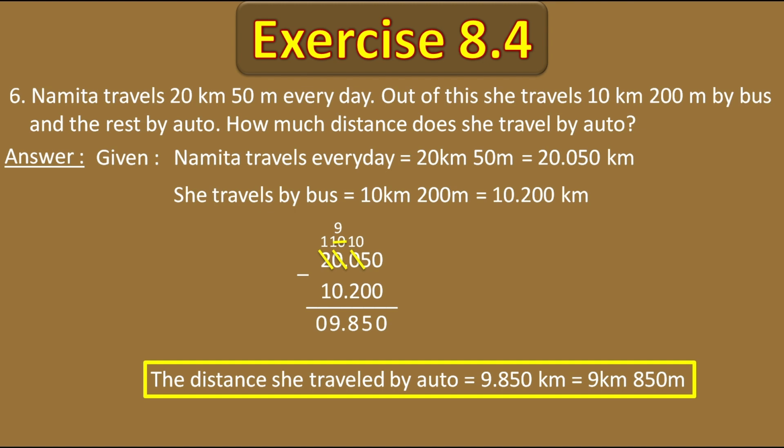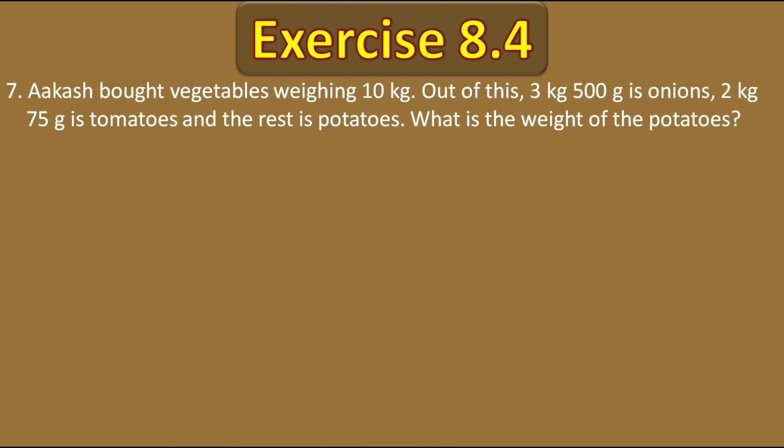Okay. Now we have the next question: Akash bought vegetables weighing 10 kg. Out of this 3 kg 500 gram is onions, 2 kg 75 gram is tomatoes and the rest is potatoes. Okay. What is the weight of the potatoes? So for that we will write first the given things.